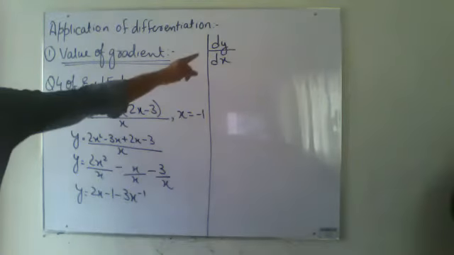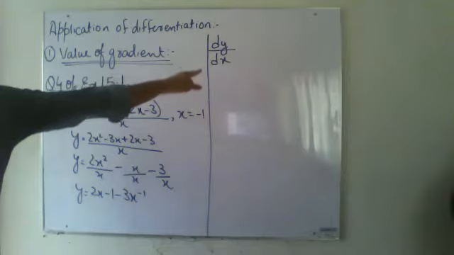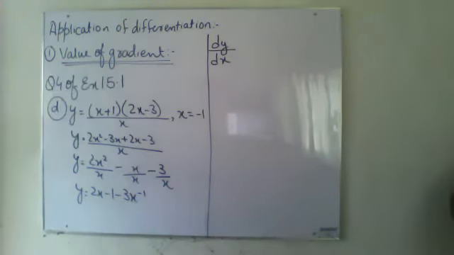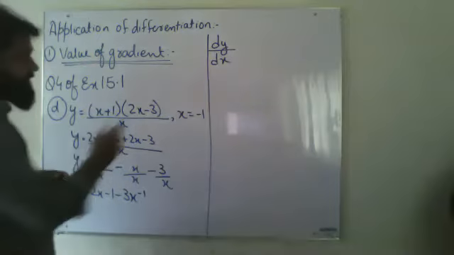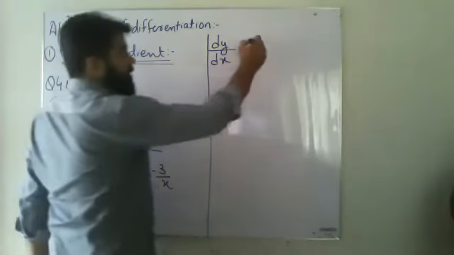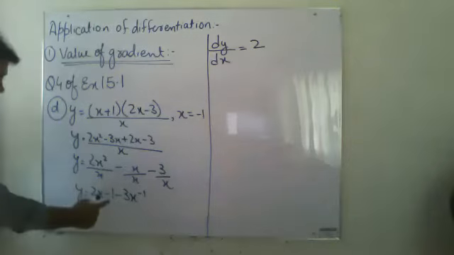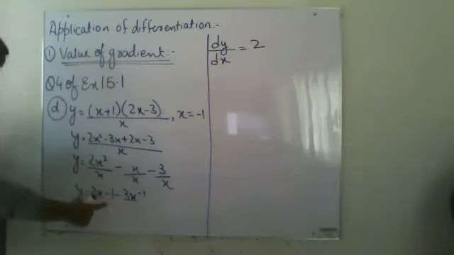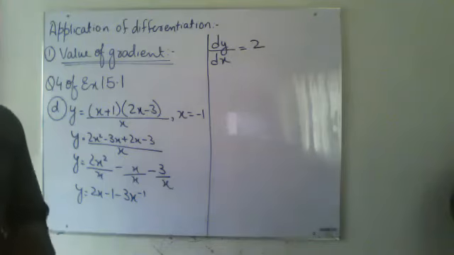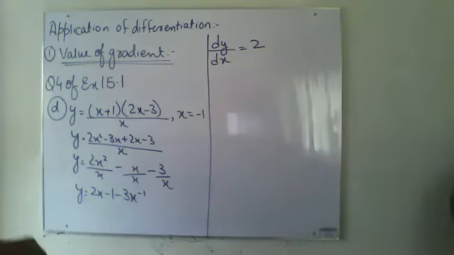So we are differentiating y with respect to x. When you write this, it means I am starting with my differentiation. Differentiation of 2x will be 2. Differentiation of minus 1, that is a constant. I've already told you, differentiation of a constant is always 0.